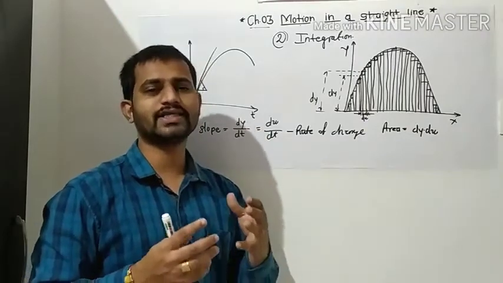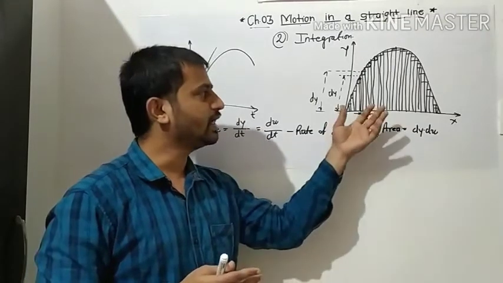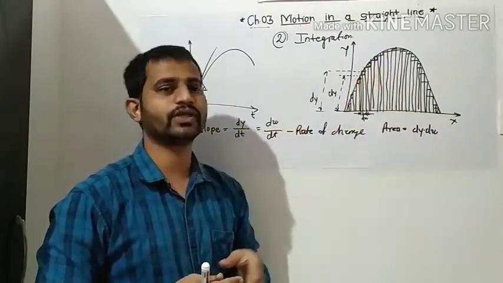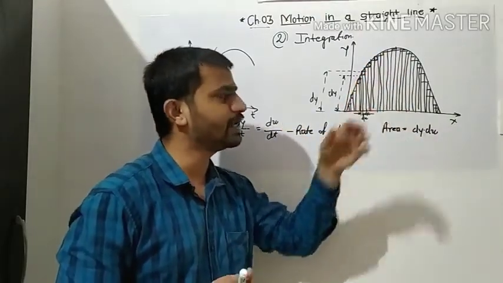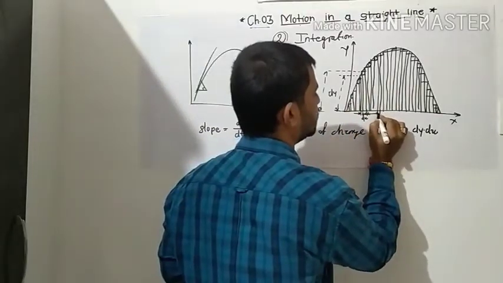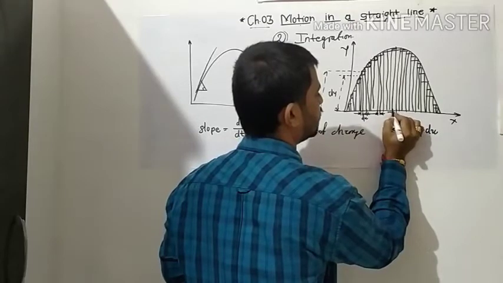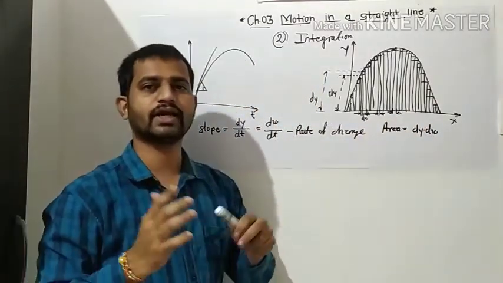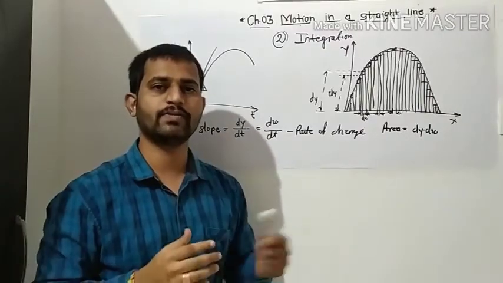For getting the exact value of this area, we have to calculate such a number of areas here. Here is one dx, here another dx, and another dx there. Like this we have to calculate a number of dx, and their respective value of y will be there.